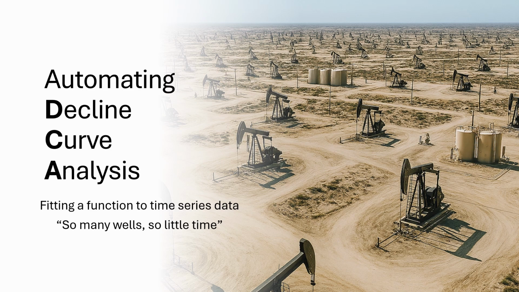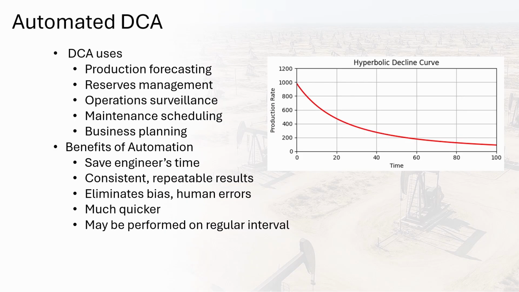So it's like so many wells, so little time, and any chance to automate some of that work is going to be greatly appreciated. With decline curve analysis, we are fitting what is known as a hyperbolic function to our observation of data so that we can minimize the error between the function and the data and then project out the function.